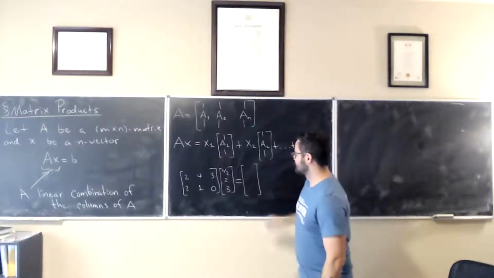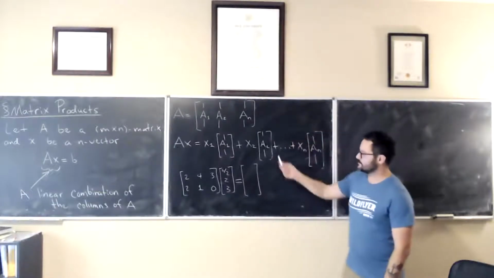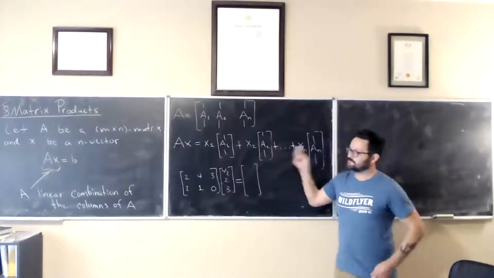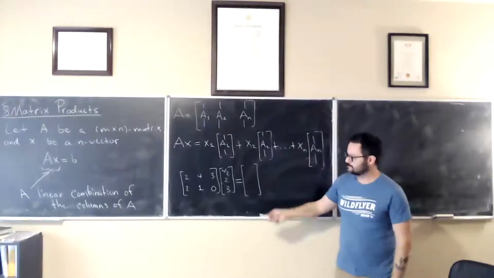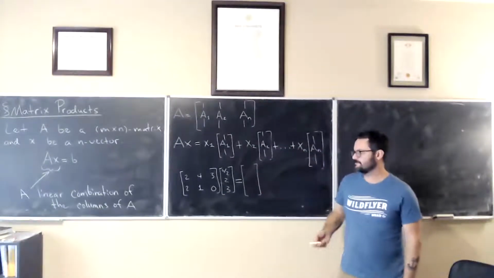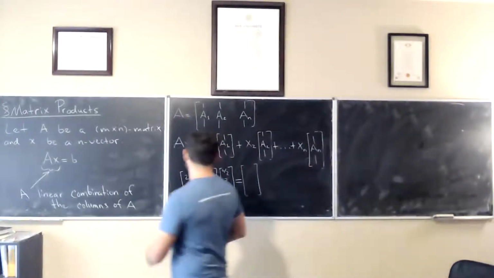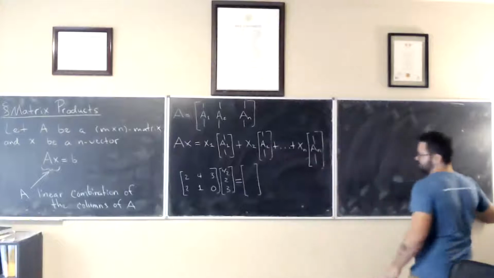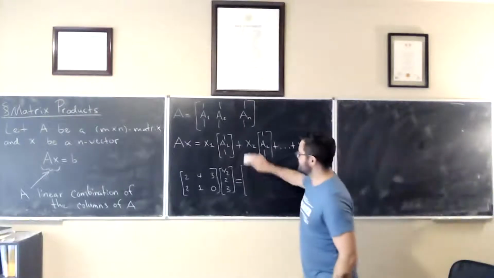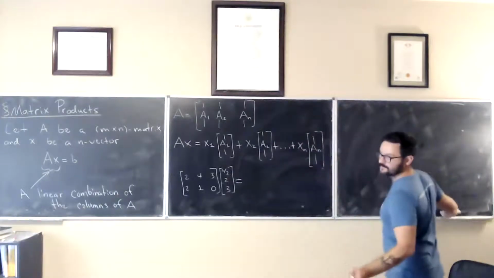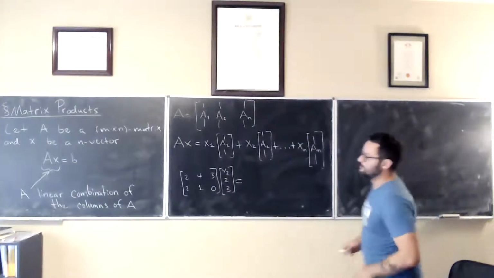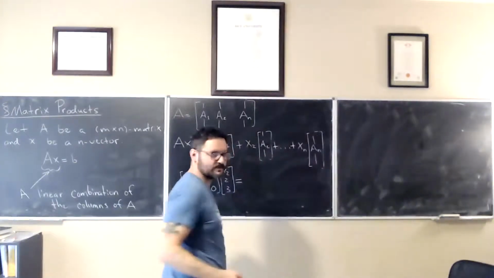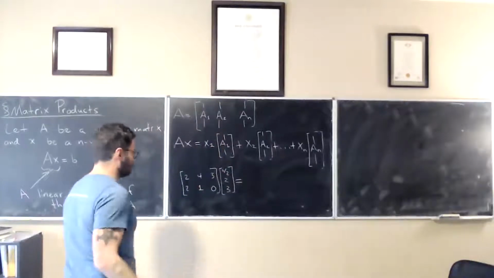Well, it's obviously going to be a vector because this becomes a sum of vectors, but what are the entries of this vector? That might be too much to ask. Two rows and one column. Is that what you're asking? A vector. Yeah, so it's going to be two rows and one column.